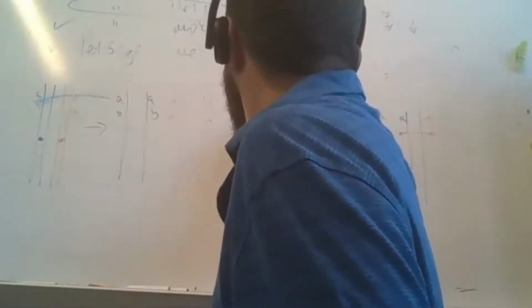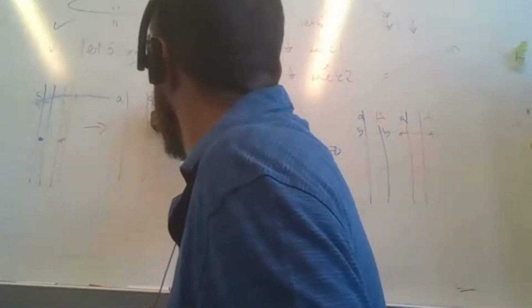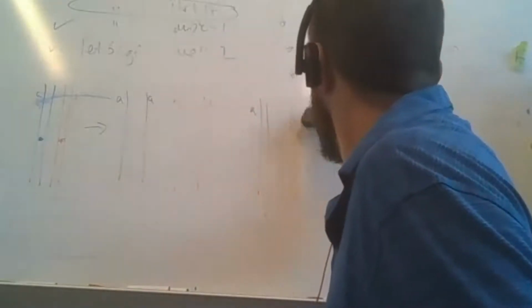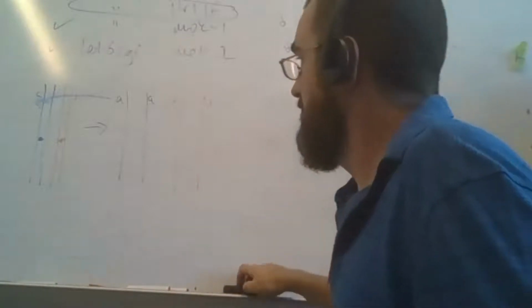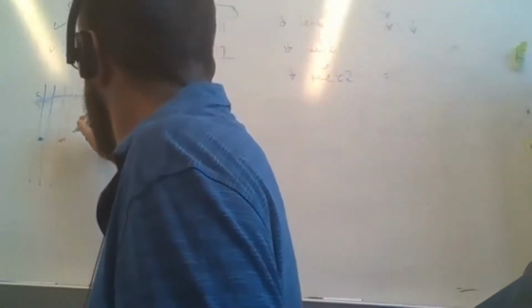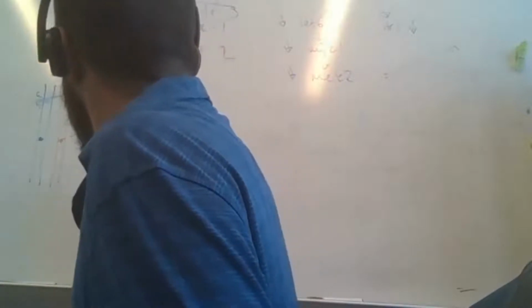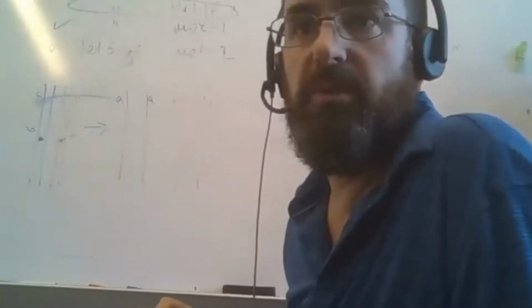So now what about if we have these two genes really far apart, right? Let's say they're as far apart as you can get them on that chromosome arm.